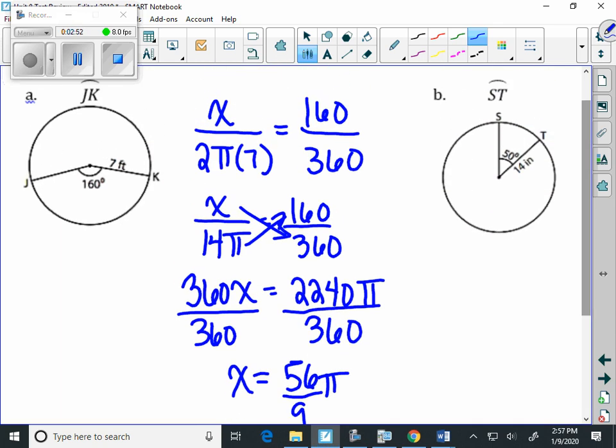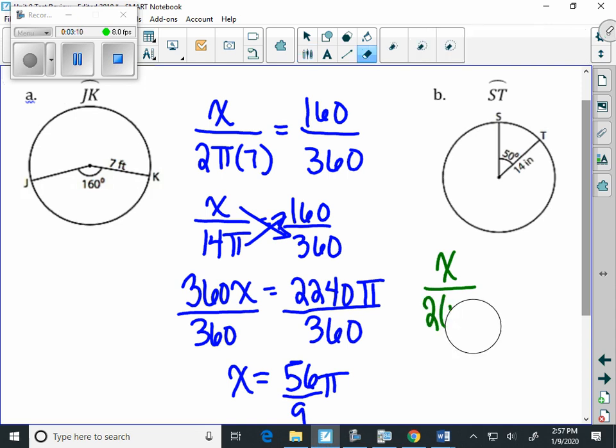Same idea over here. Try not to make the units and the answers so complicated this time. But we're going to be finding the length of ST. So we're going to call that x, and we're going to divide it by the circumference, which is 2 times pi times 14, 2 pi r.